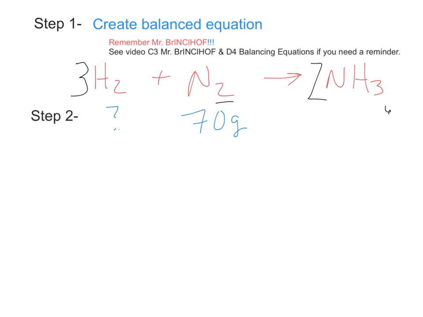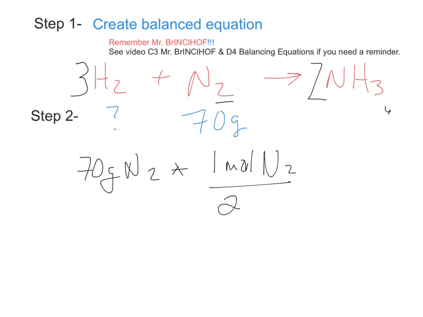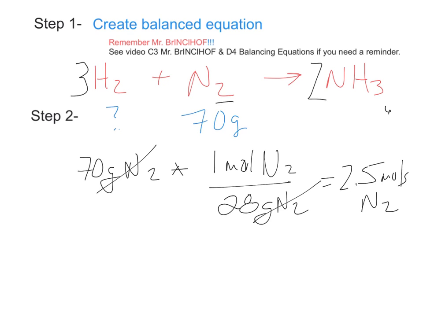Step 2, take my grams and turn it into moles. So when I take a look at this, I get my conversion factor of moles of nitrogen gas: 1 mole of nitrogen gas is 28 grams. Okay, I can cross cancel these. 70 divided by 28 is going to give me 2.5 moles of my nitrogen gas.